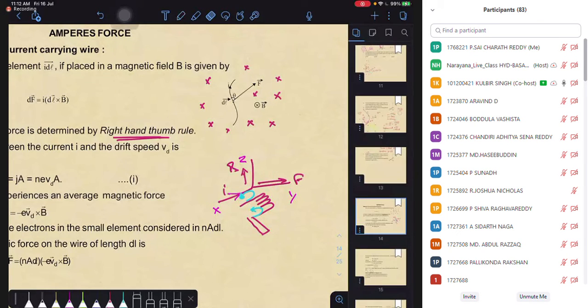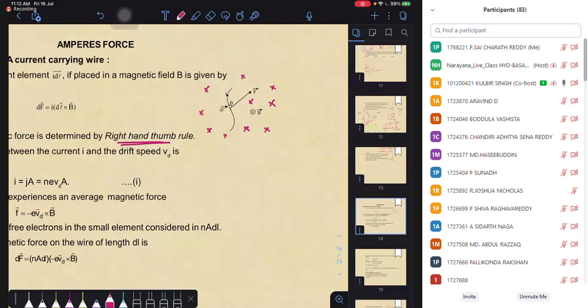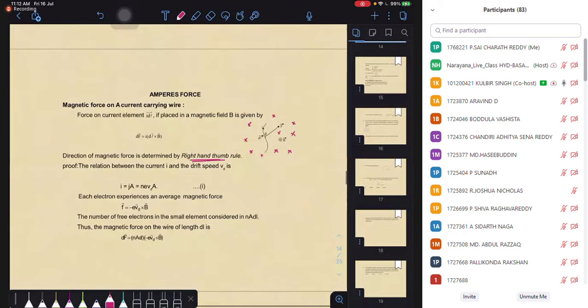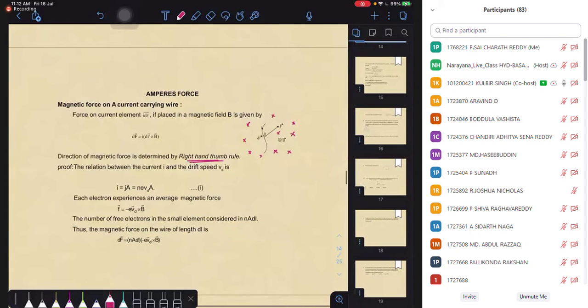So let me twist the situation slightly. A lot of easy problems with direction we have given. I'm going to twist it slightly, just direction-wise, not the question.